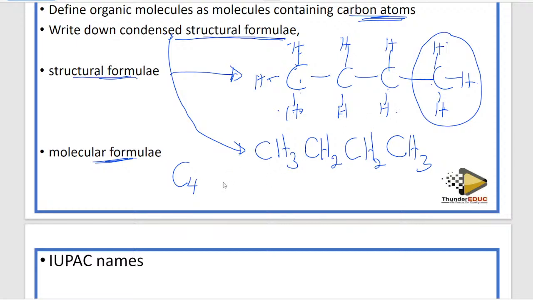So I have 10 hydrogen. So this one becomes the molecular formula. This one becomes the condensed structure formula, where I don't show the bonds, while this one becomes the structure formula, where you show all the bonds.